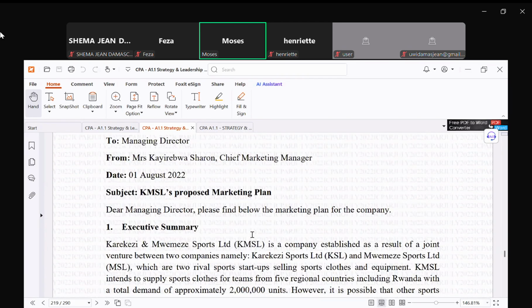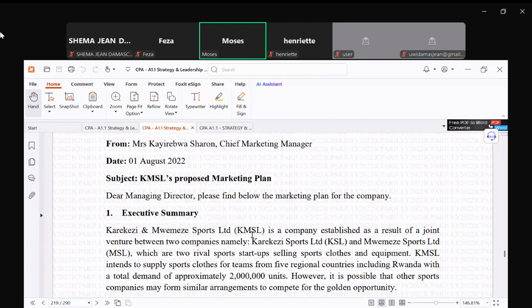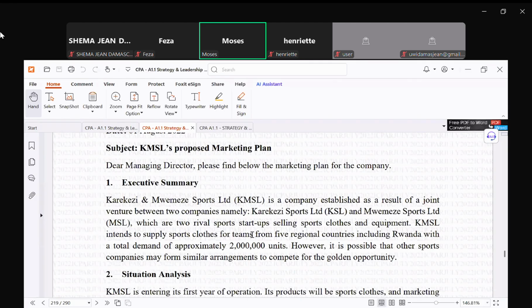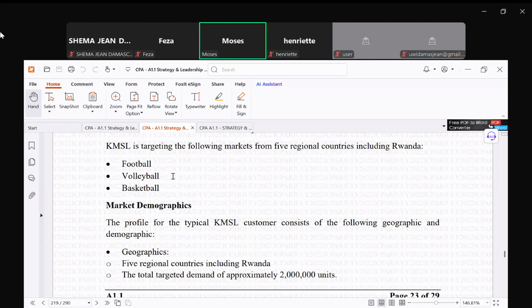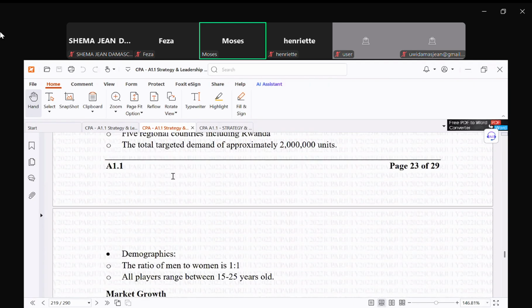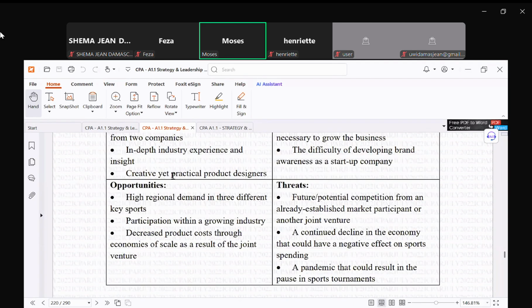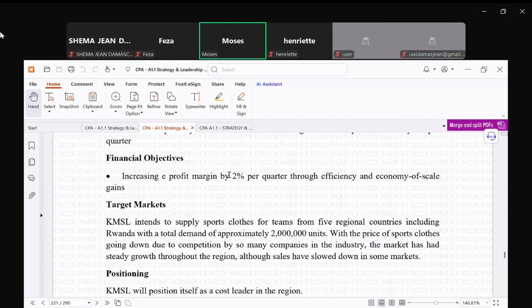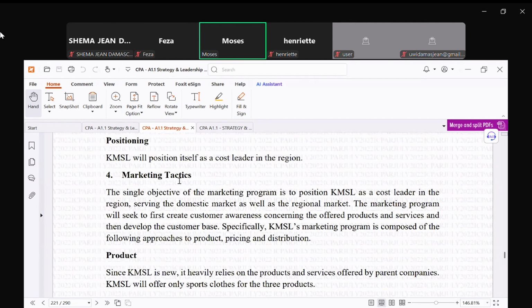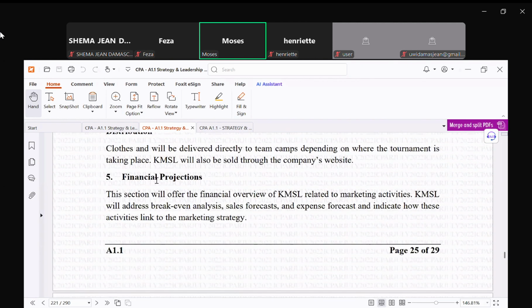So of course, I had showed you what you should do on a marketing plan. So there was an executive summary, situational analysis, marketing strategy, marketing tactics, financial projections.